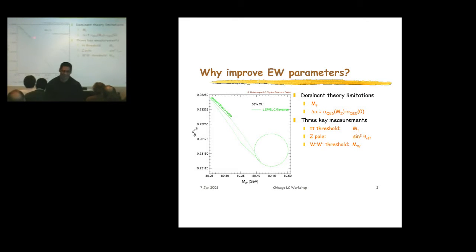This rhombus shape here is essentially the present theory range. Its uncertainties are dominated by the uncertainty in the top quark mass, along this direction, and in this direction, by the uncertainty in the running of alpha QED up to the Z scale.